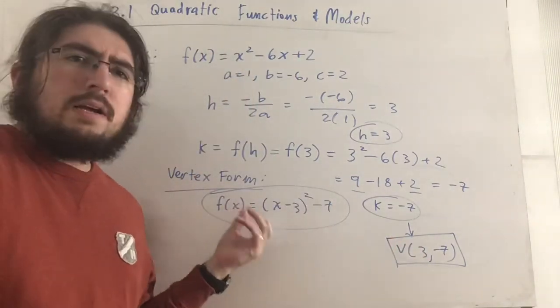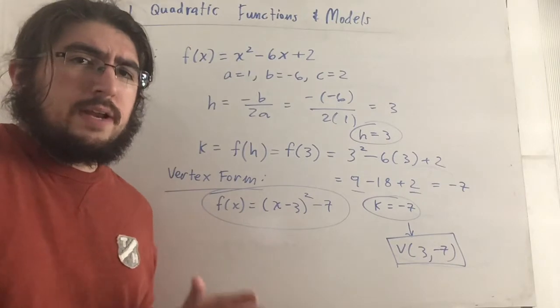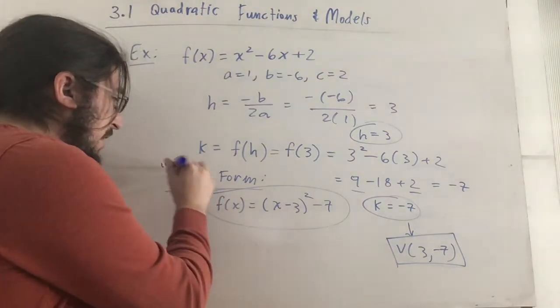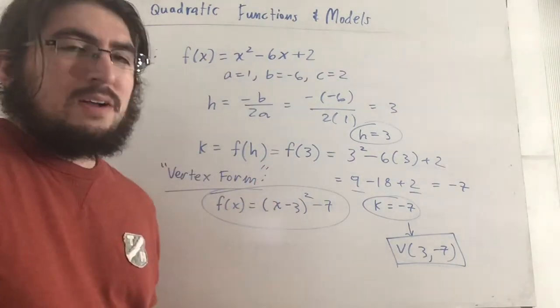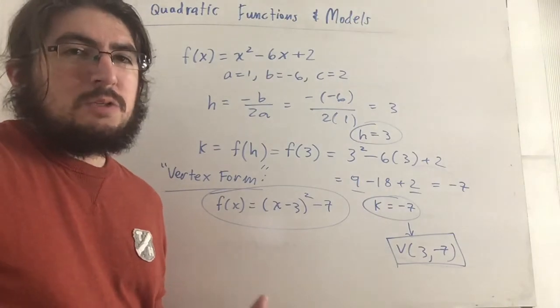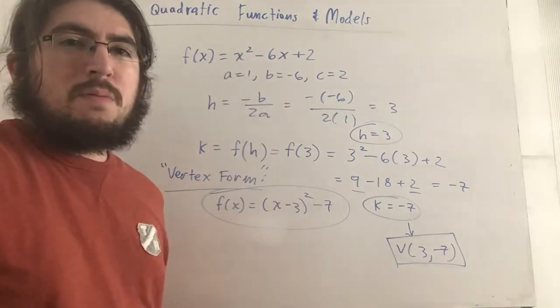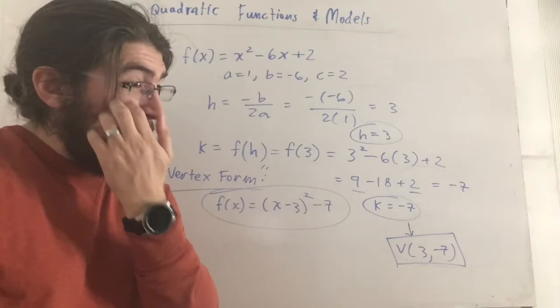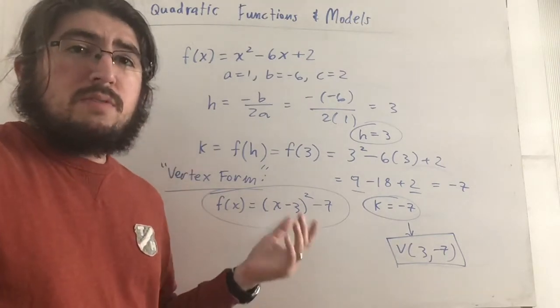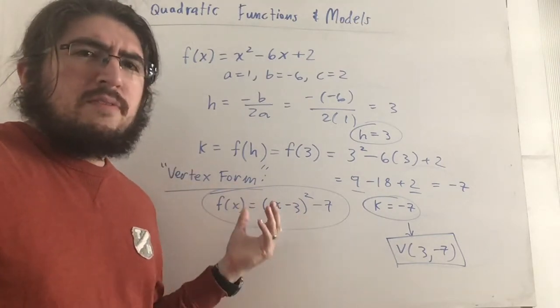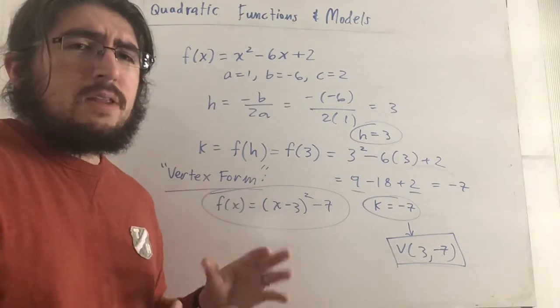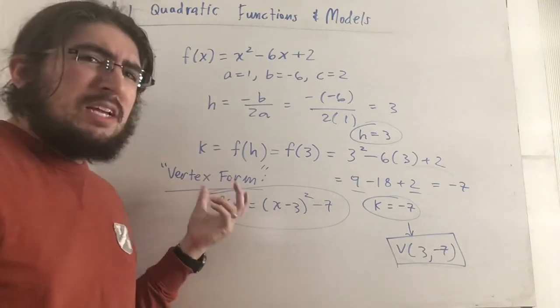Now, of course, that's why I call it vertex form, but I want to be a little clearer here. The book we're using doesn't call it vertex form, it calls it standard form. Now that sounds really confusing because I call this standard form, but you'll just have to make do with that. So in the exercises when they ask you to convert it to standard form, they really mean convert to vertex form. So as long as we have that vocabulary out of the way, that's fine. But I think it should be called vertex form.